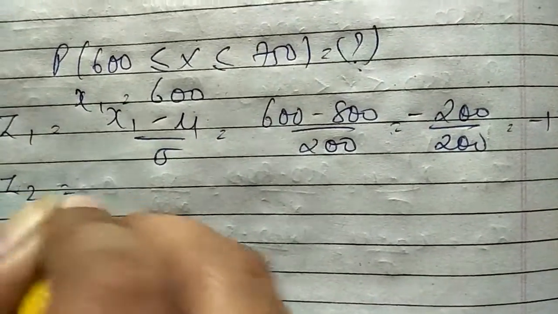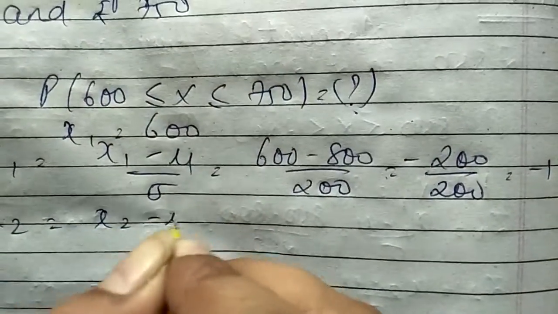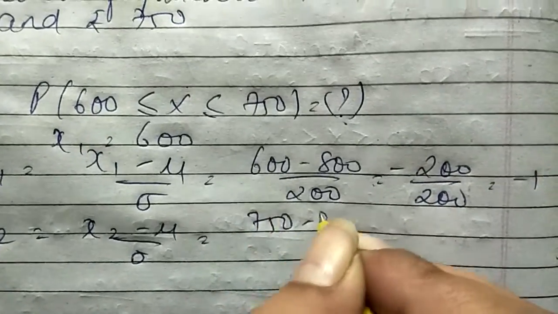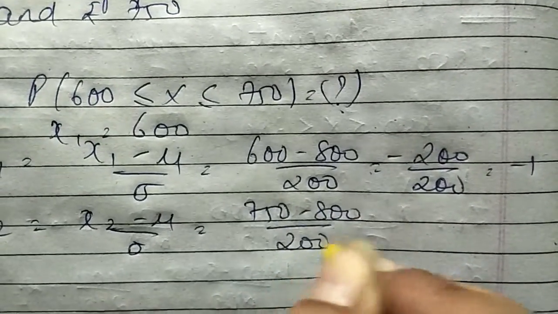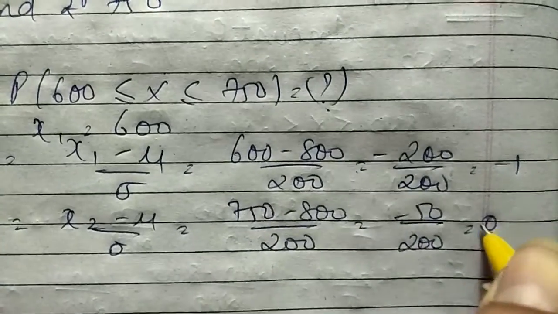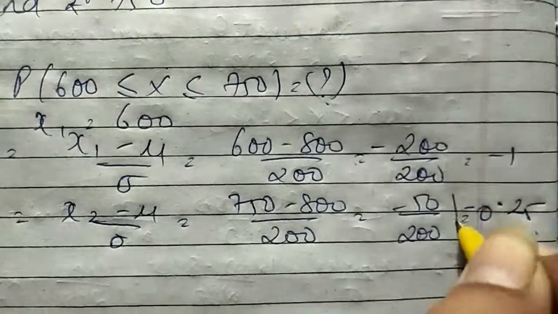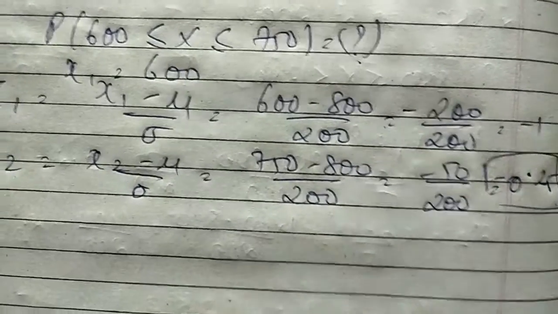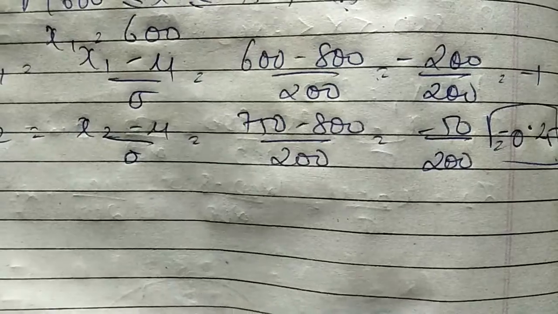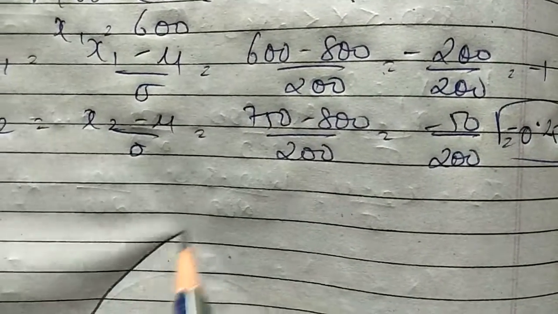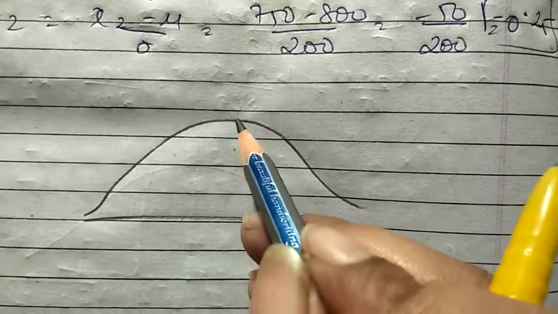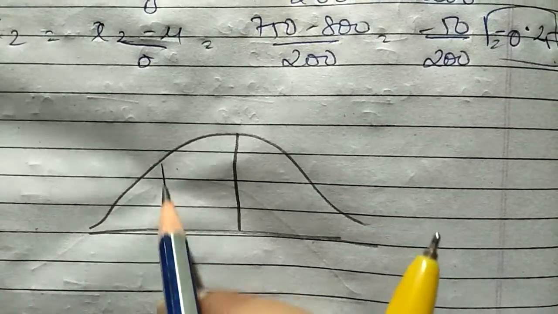In the same way we will find the value for Z2. (X2 minus mu) upon sigma, that is (750 minus 800) divided by 200, that is minus 50 upon 200. The answer comes to minus 0.25. Now we will make the figure for the same. So here we place the values.